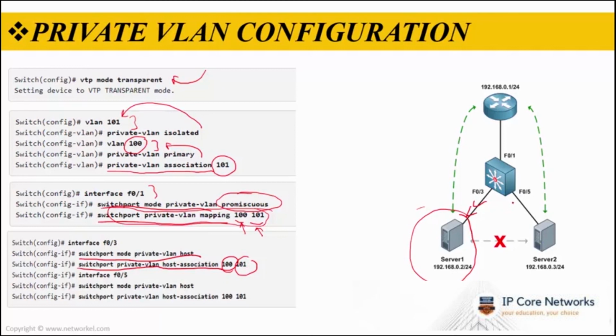Then we are going to FastEthernet 0/5, and we are defining it as a host port also, and we are using switchport private-vlan host-association 100 and 101.